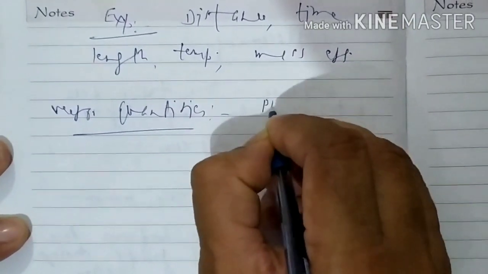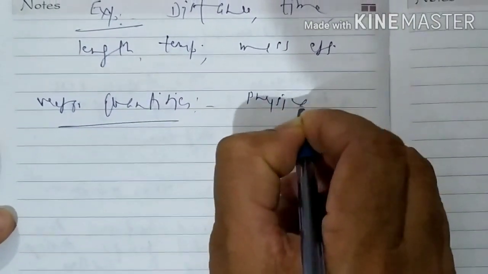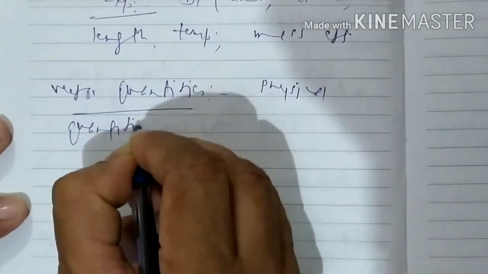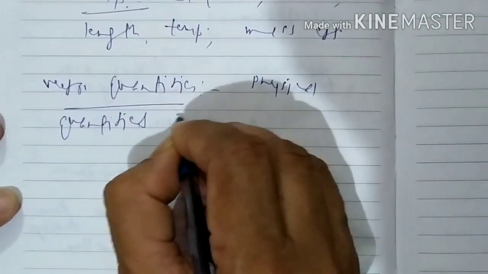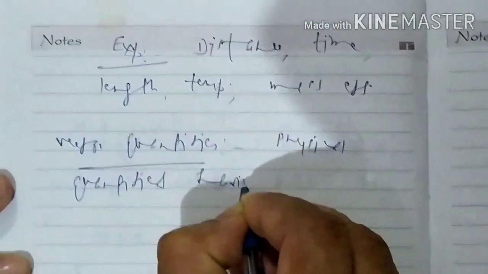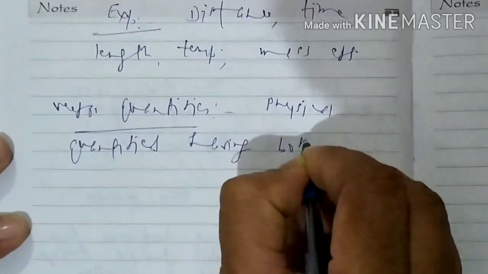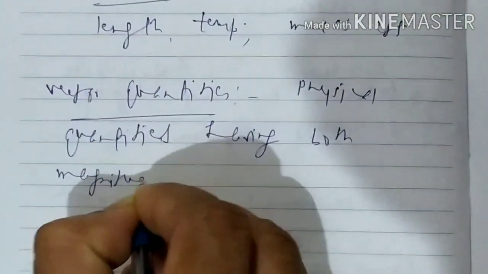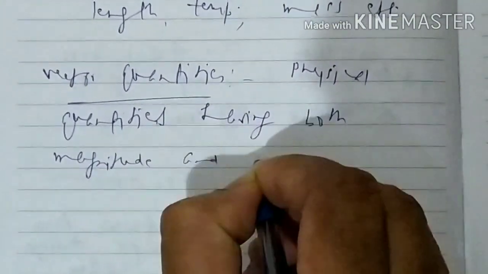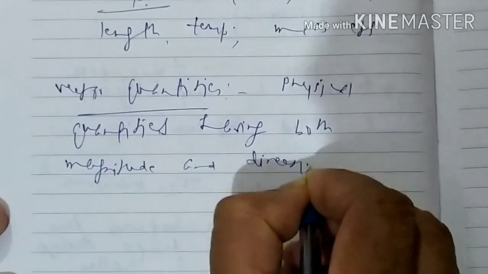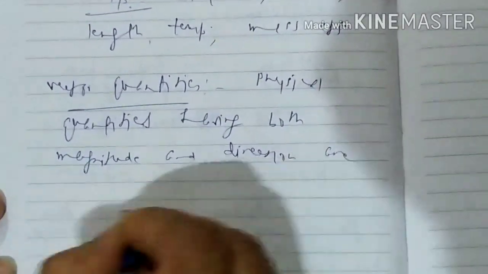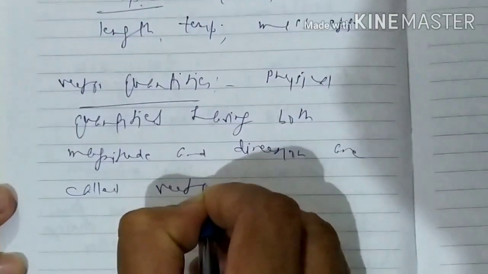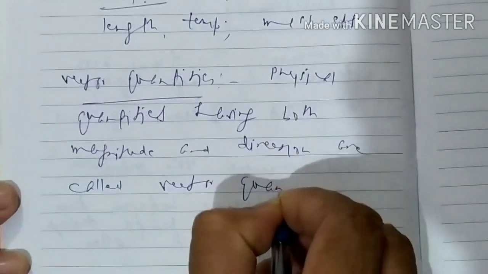Physical quantities having both magnitude and direction are called vector quantities.